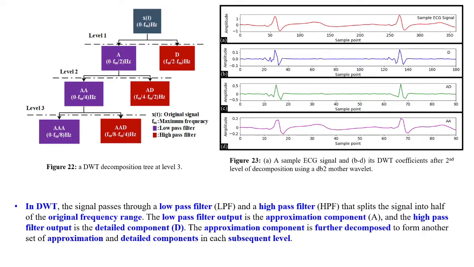Now say I have broken down the signal such that the two signal components have frequency components of 0 to 100 and 100 to 200. So what would be the signal length of the two coefficients that I have got?